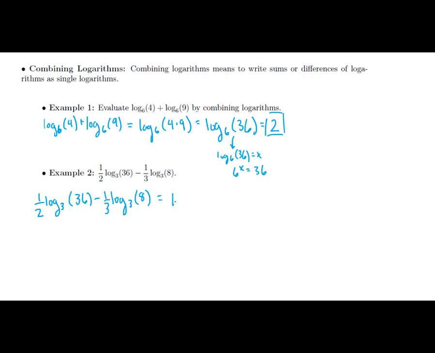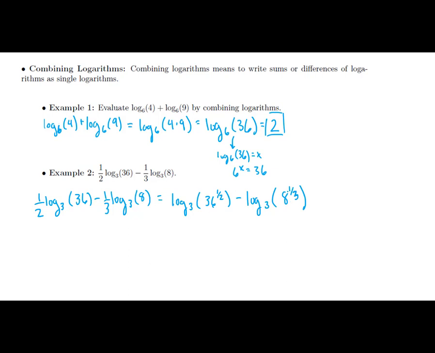So we would first say this is going to be the log base 3 of 36 raised to the 1/2 power, minus the log base 3 of 8 raised to the 1/3 power.